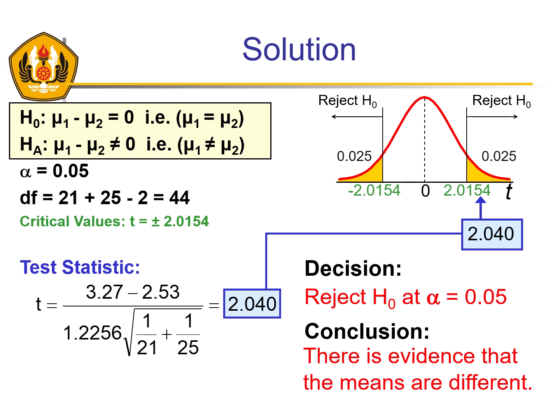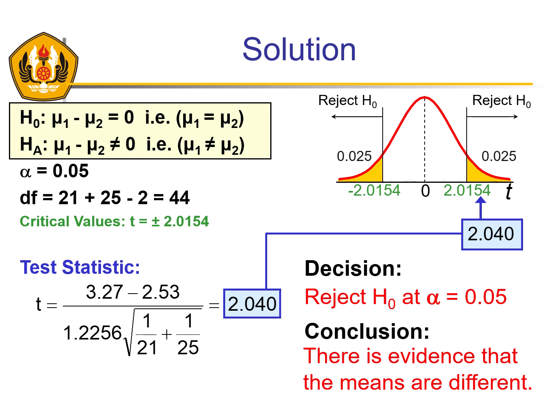The degrees of freedom of 44 comes from the sample size in sample 1 plus sample 2 minus 2. So if you do that, you will get the t value of 2.0154. If we apply it in the figure on the right, the critical values will be minus 2.0154 on the left and 2.0154 on the right.